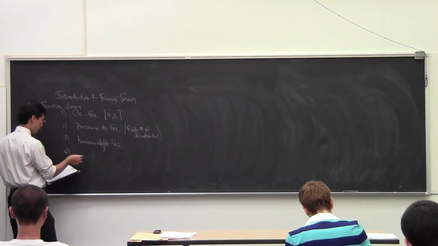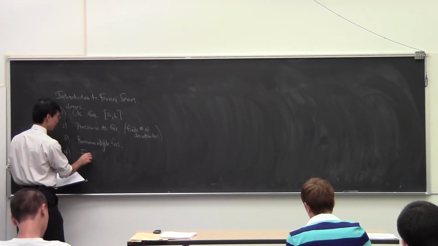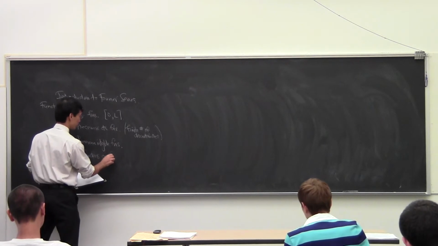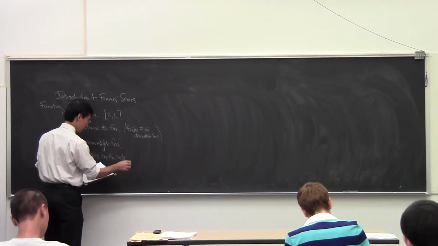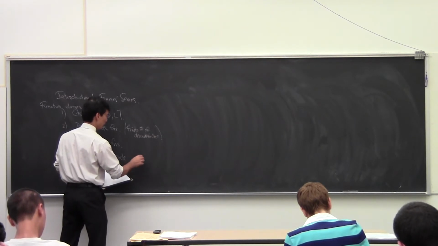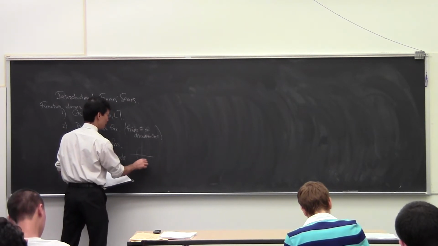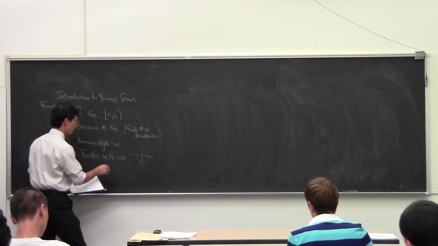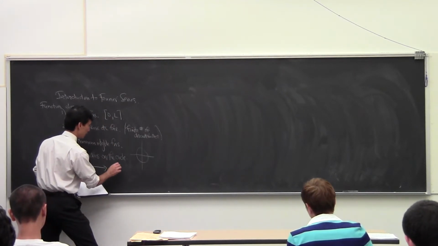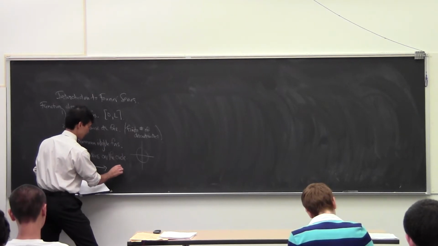And four, we have these things. This is not a real class, but we have functions on the circle. It's basically functions on, say, the unit circle, and we identify those with periodic functions.